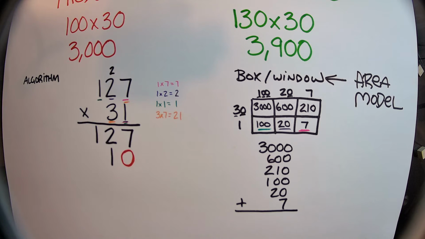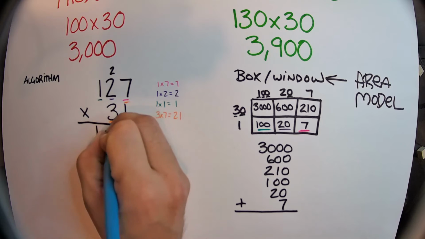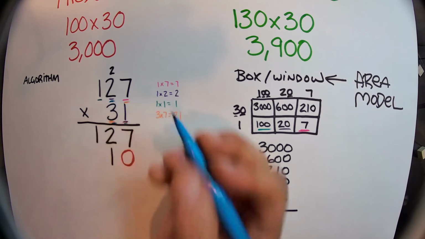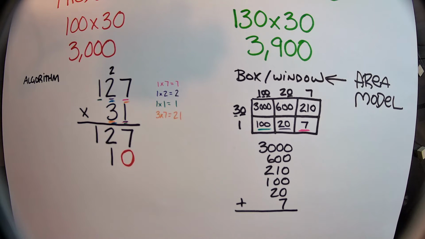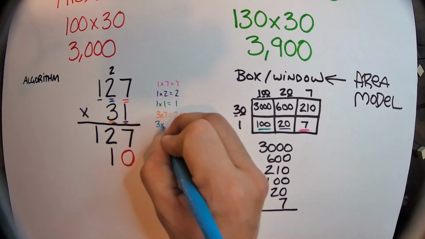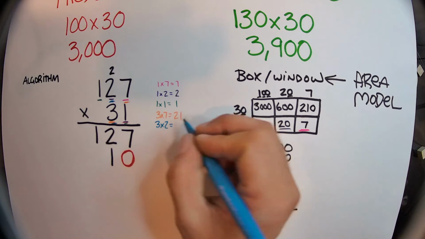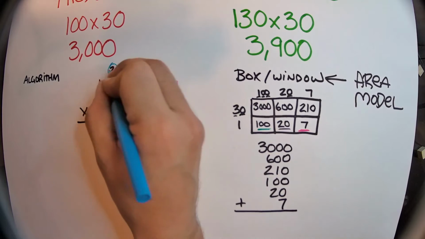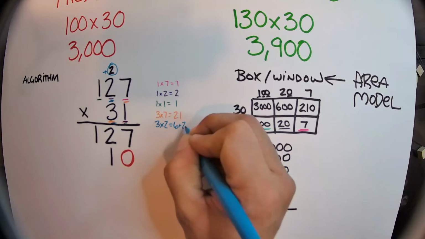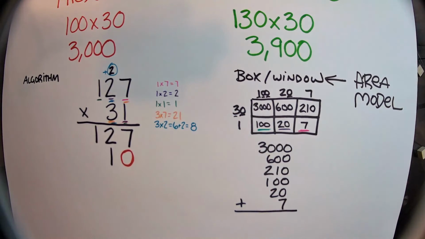Next up, we're going to do the 3 in the tens place times the 2 in the tens place. So what we're looking at is 3 times 2. 3 times 2 is 6. And then we're going to add that 2 from up there. So what we really get is 8.